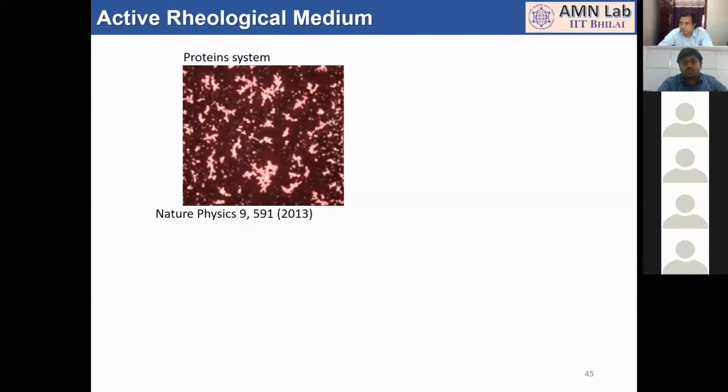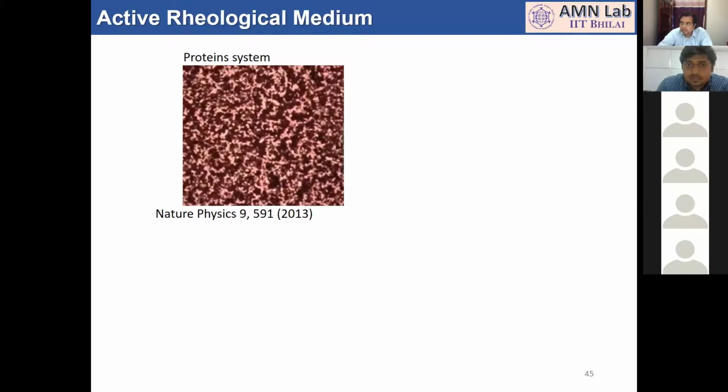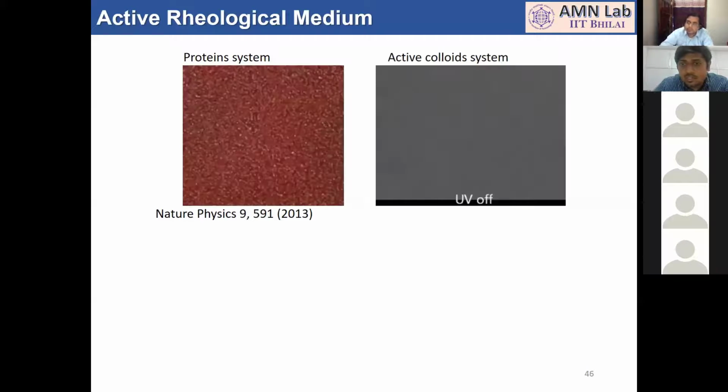So having such a dynamic feature in artificial systems could also be very interesting. And with this motivation, we use our nanomotors here. This is a high density system where we have a very high density of nanomotors mixed with the colloidal suspension. In the beginning, you can see this is a uniform distribution.